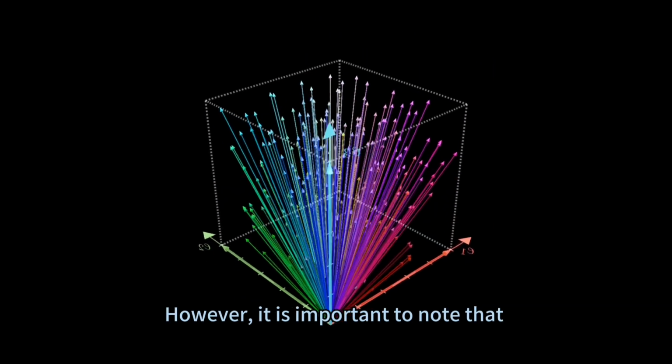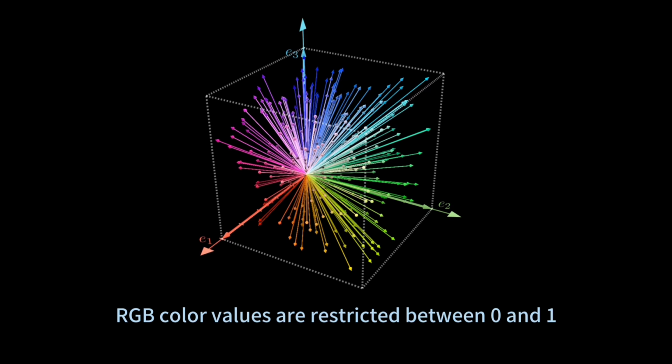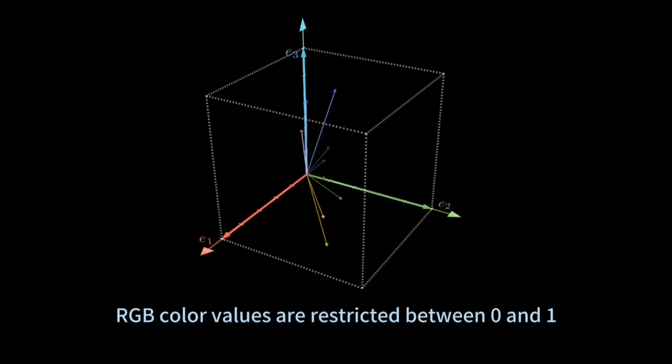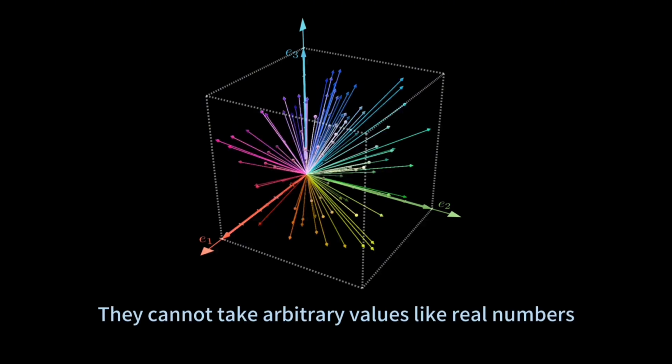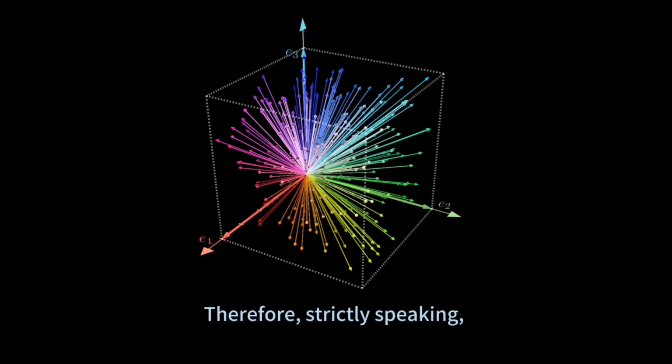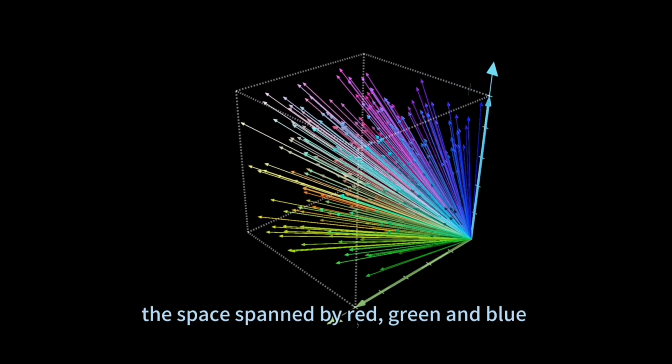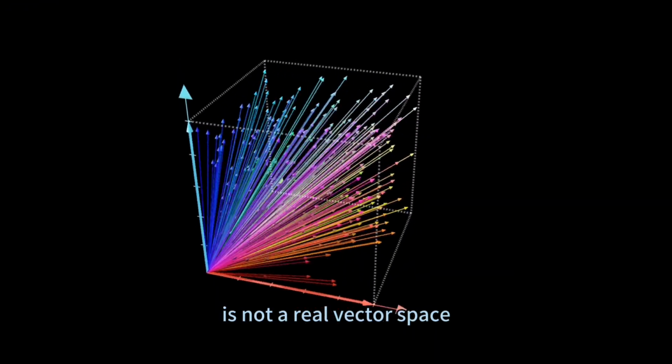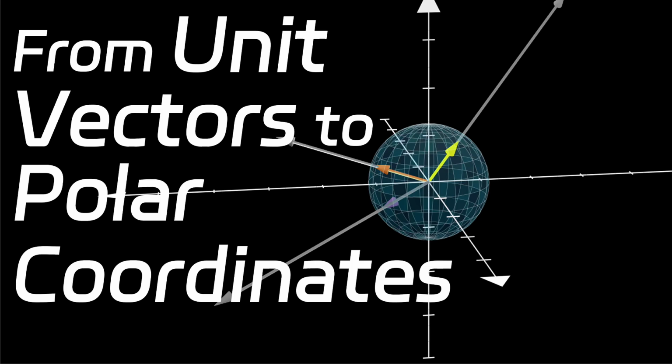However, it is important to know that RGB color values are restricted between 0 and 1. They cannot take arbitrary values like real numbers. Therefore, strictly speaking, the space spanned by red, green, and blue is not a real vector space.